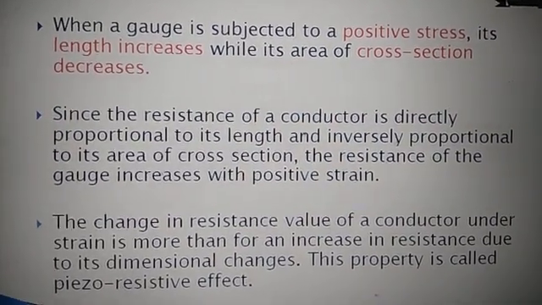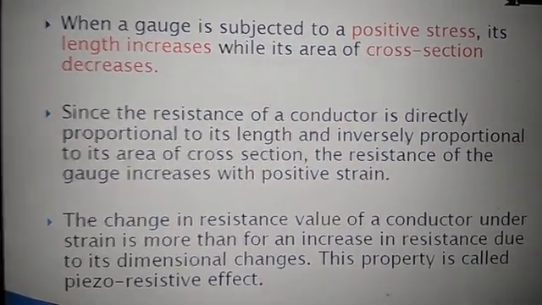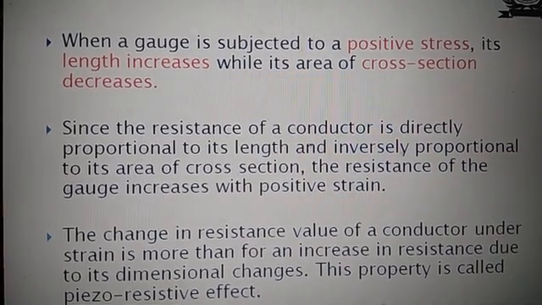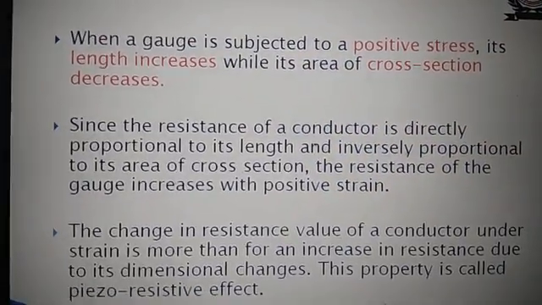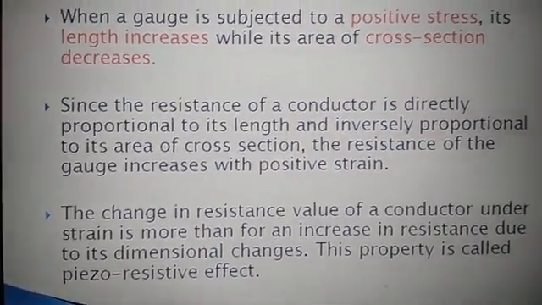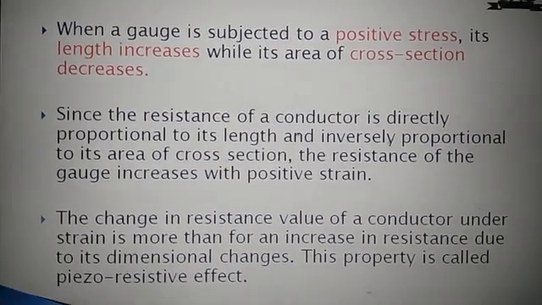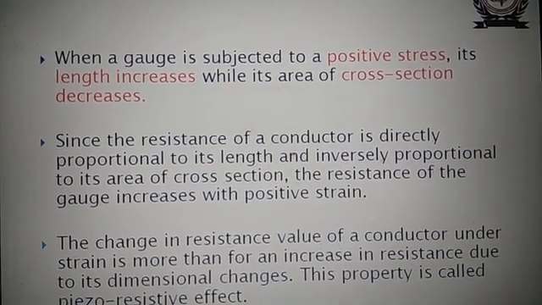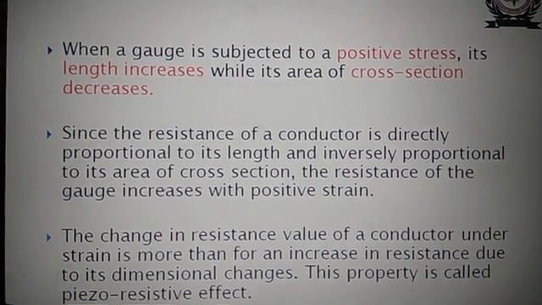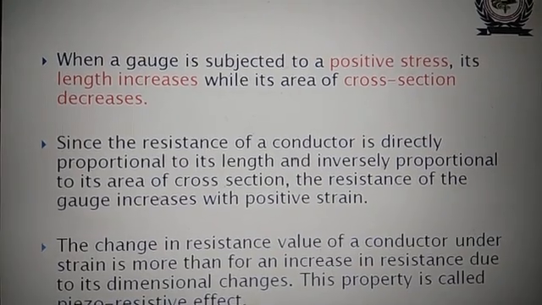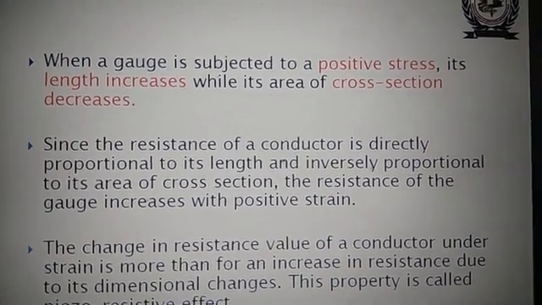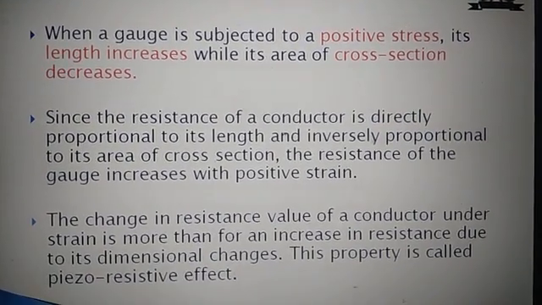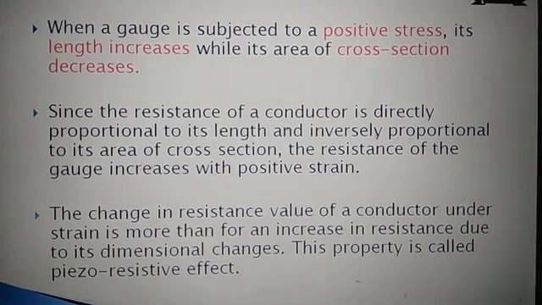Since the resistance of a conductor is directly proportional to its length and inversely proportional to its area, as per the resistivity formula we have seen, the resistance of the gauge increases with positive strain.